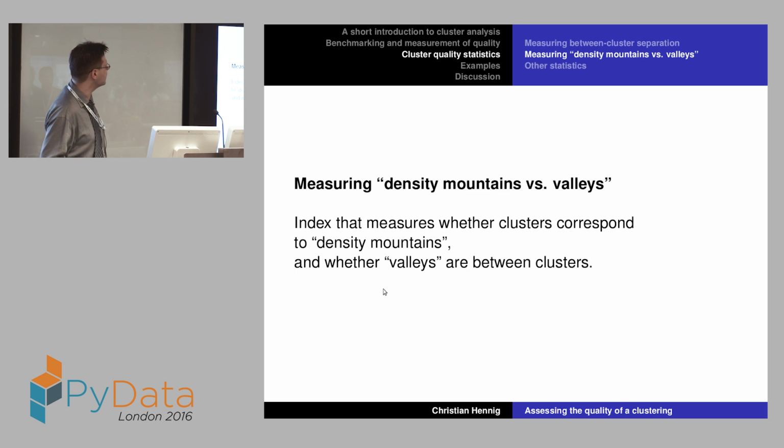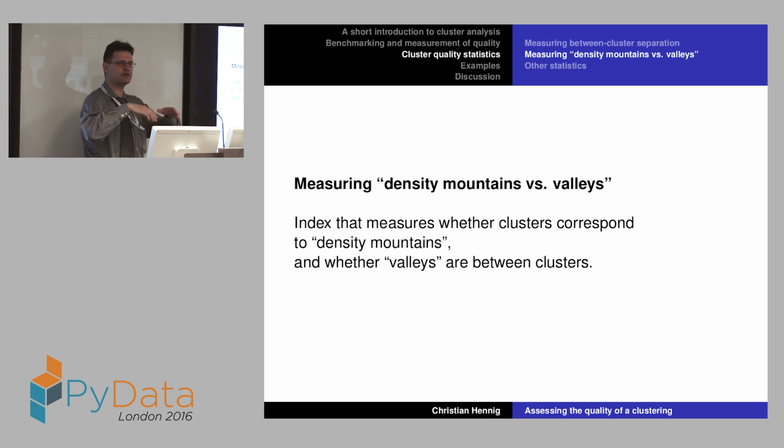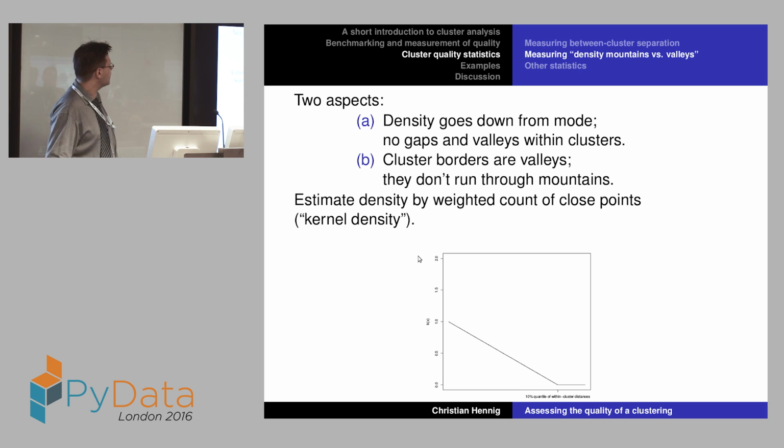Okay, something else, measuring density mountains versus valleys. So whether a clustering captures the idea that in a cluster the density is high, between the clusters the density is low. There are two aspects of this.